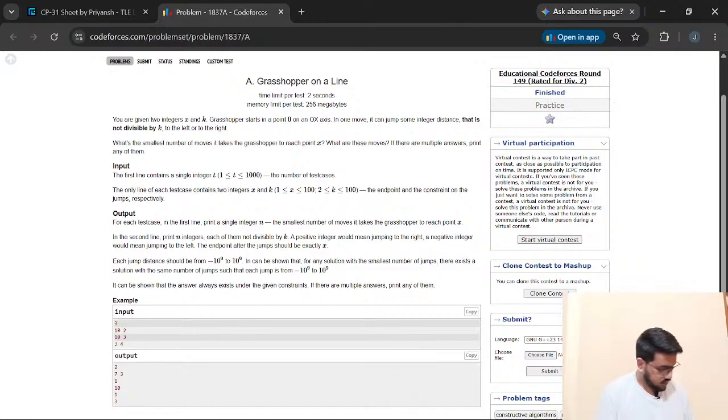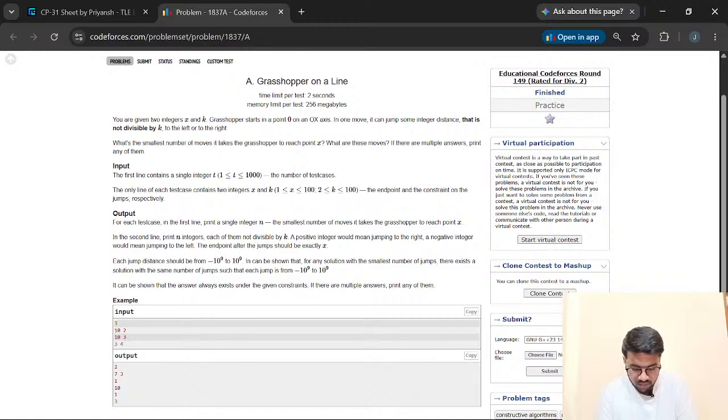What we do is, if we have 10, and the moves we take should not be divisible by 2.